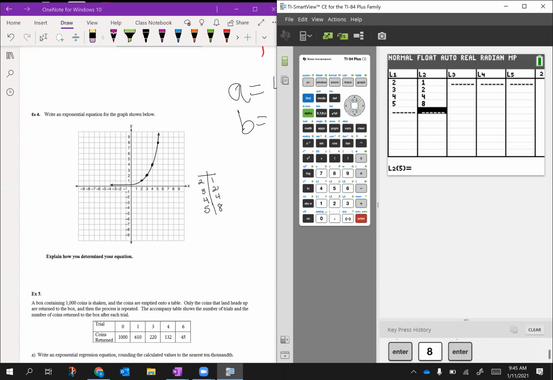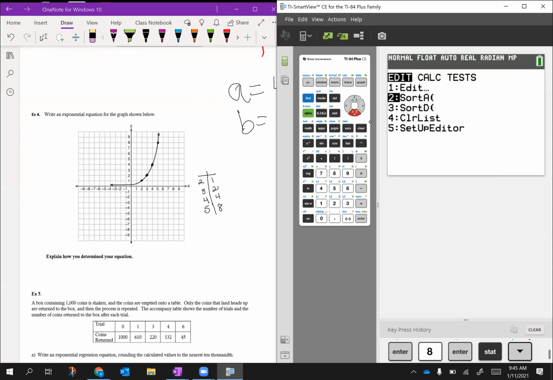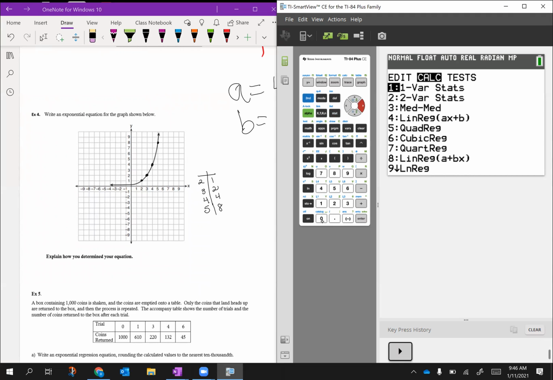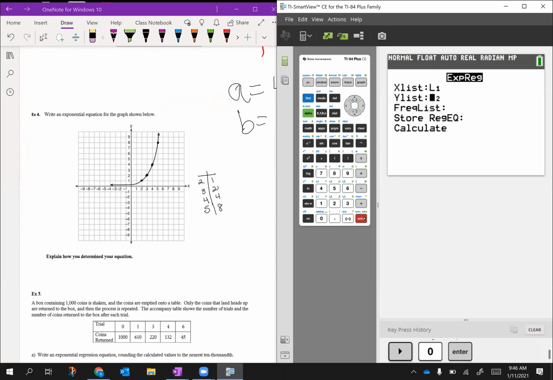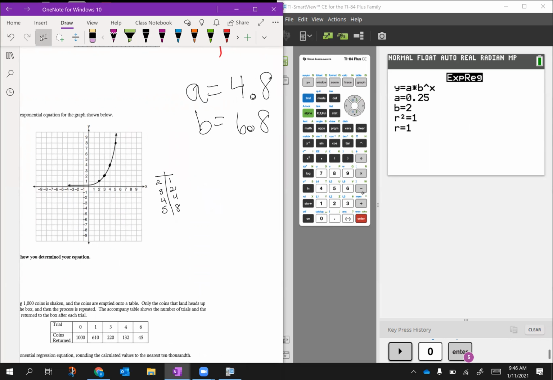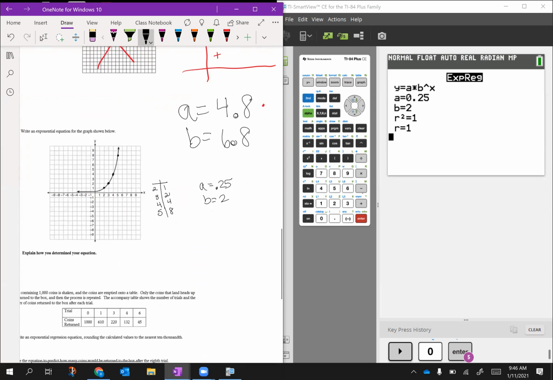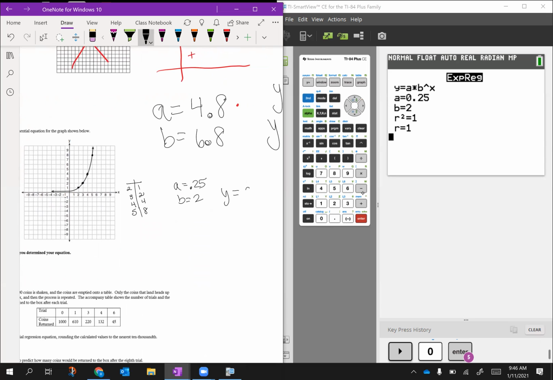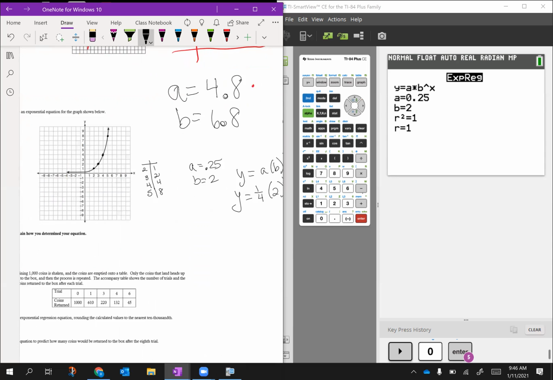We're going to go Stat, Calculate, number 0, enter, enter, enter. So we get a equals 0.25, b equals 2. Our general equation is y equals a times b to the x. So y equals 1/4 or 0.25, times 2 to the x.